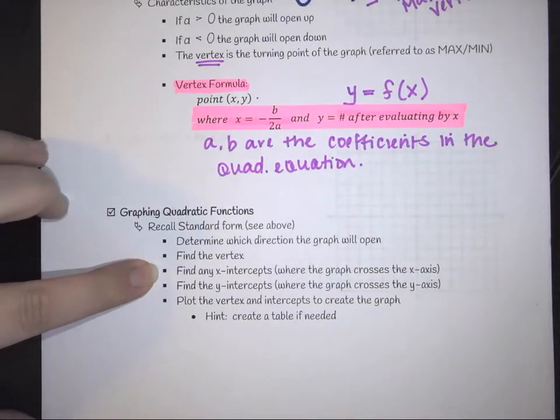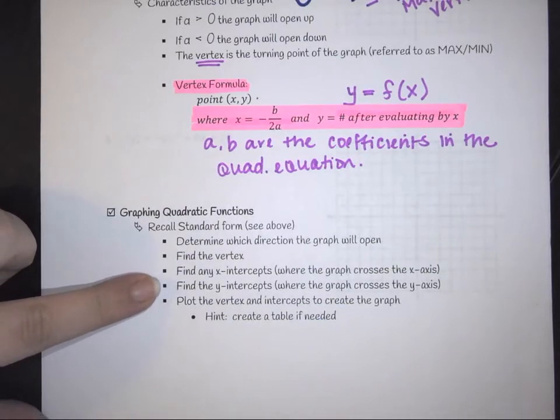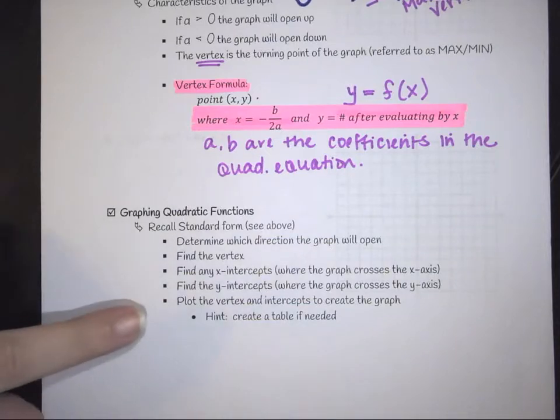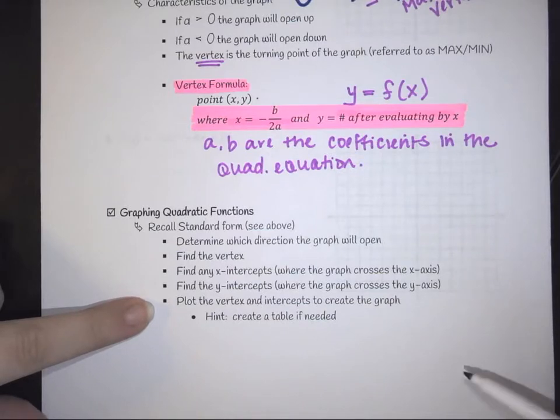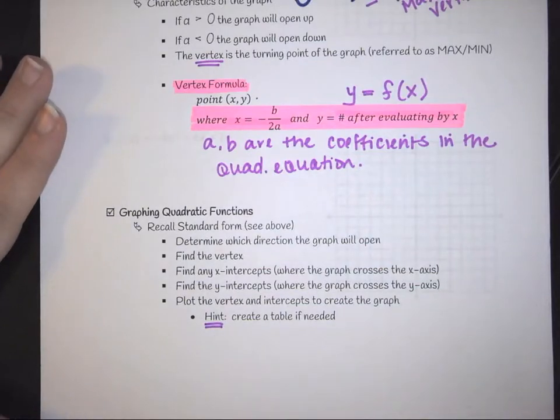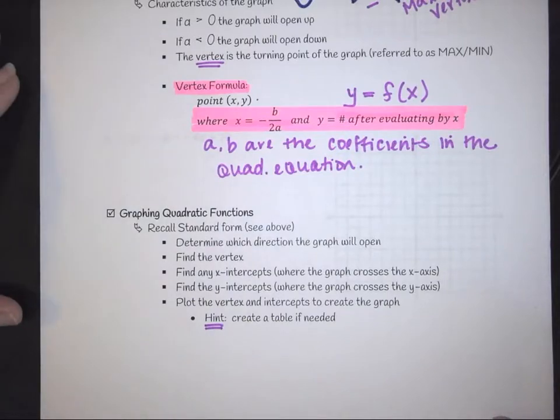So you need to remember that x-intercepts are where your graph is crossing that x-axis. The fourth thing you need to do is find your y-intercepts, because you need to know if your graph is crossing that y-axis at any point. And then finally, the last thing you can do is graph those points and finish out creating your picture. Now, if needed, always remember that you can create an XY table in order to find all the points to graph.